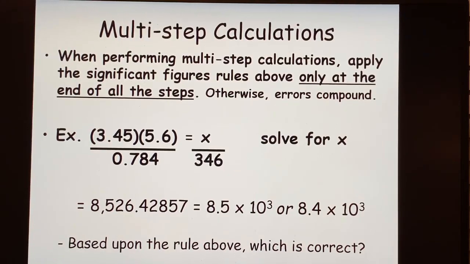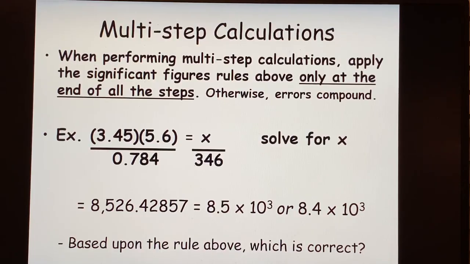Okay. Now, this is important. Multi-step calculations. When performing multi-step calculations, apply the significant figure rules only at the end of all the steps. Because if you're making any errors and you're rounding at every step, those errors will compound. In the end, you'll have a horribly distanced number from the actual number you're looking for.